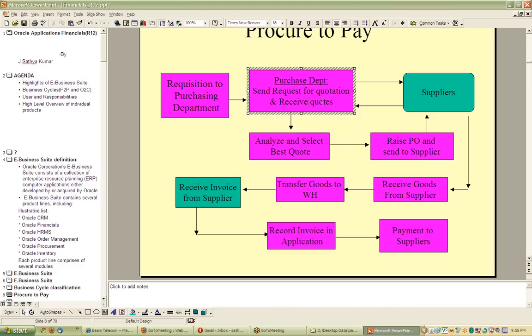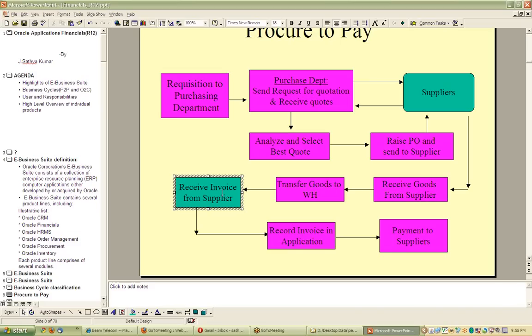But in the case of purchase order, we generate it in our system and we push it across to the supplier. In the case of invoice, it is a third party document. You see this in green color. So you receive it from the supplier, and you record it in your application.